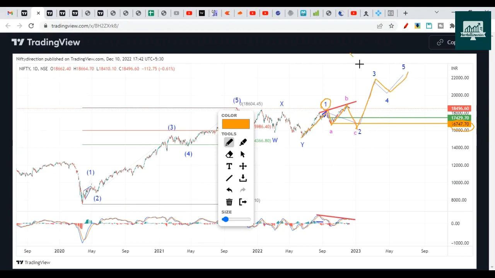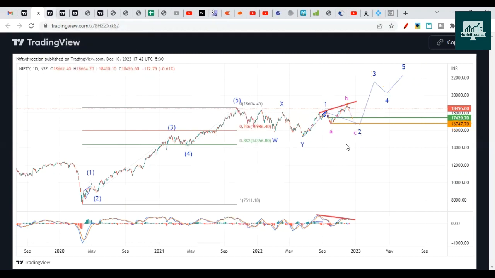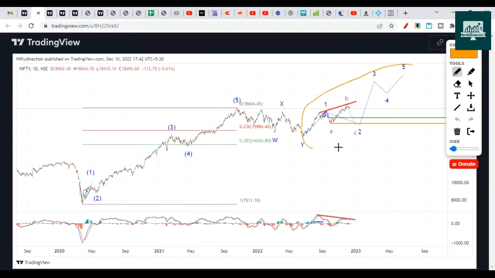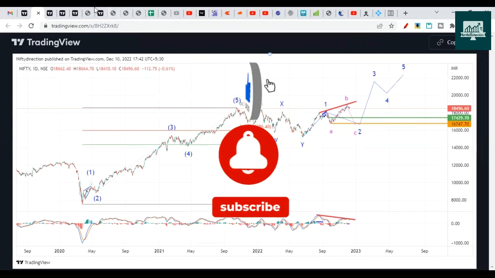This third wave is a very good one to enter, a very powerful wave. I'll be waiting for that, and I'm looking forward to this analysis. So let's decode this chart further. We'll talk more about this portion and see what's happening.